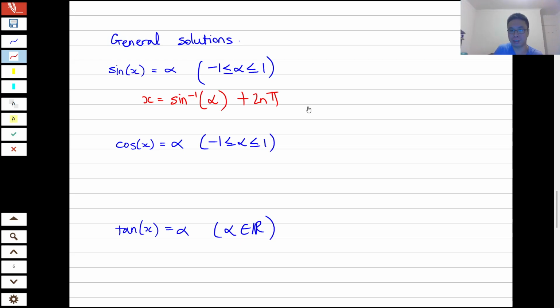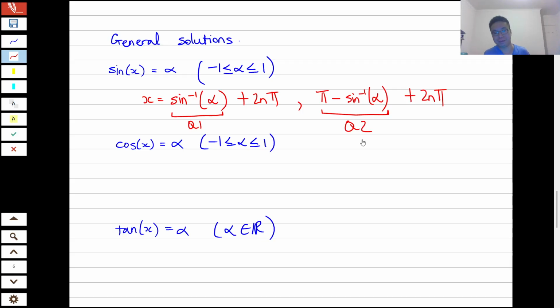The second solution is going to be pi minus the inverse sine of alpha plus 2n pi. So you can think of this as your quadrant 1 solution, and this as your quadrant 2 solution. But the assumption here is that alpha is in the first quadrant.